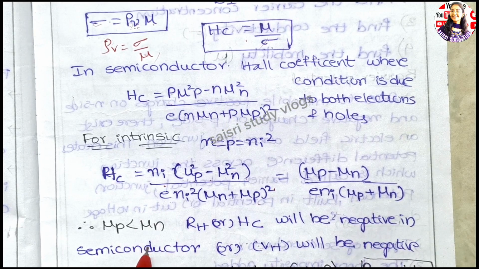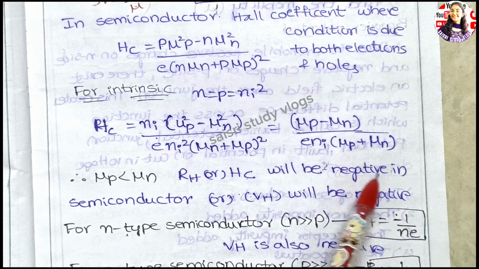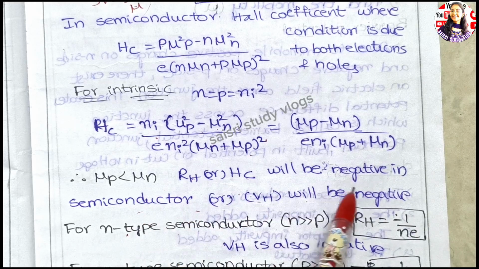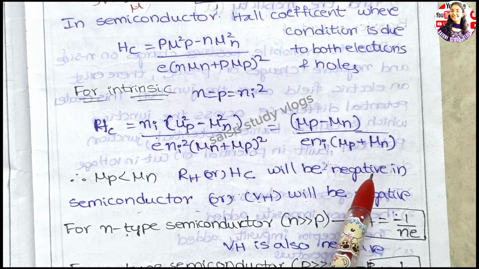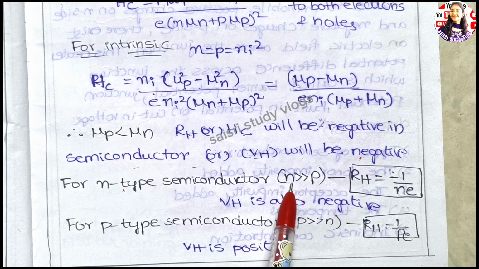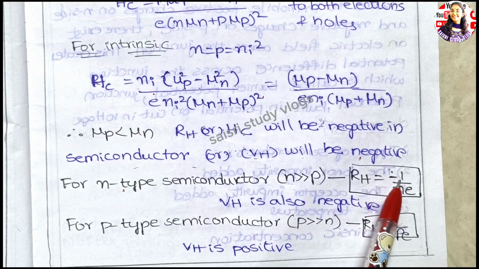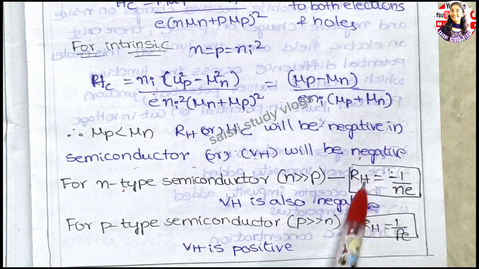And for the extrinsic semiconductors, N type and P type, RH and Hc will be negative in one case, and VH will be negative. For the N type semiconductor, the number of electrons will be more in number, so RH will be negative, minus 1 by Ne, the reciprocal.